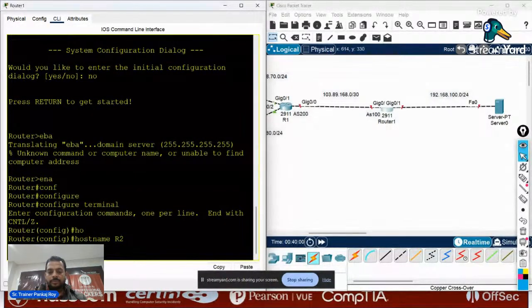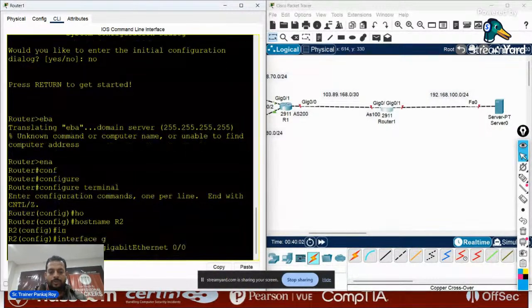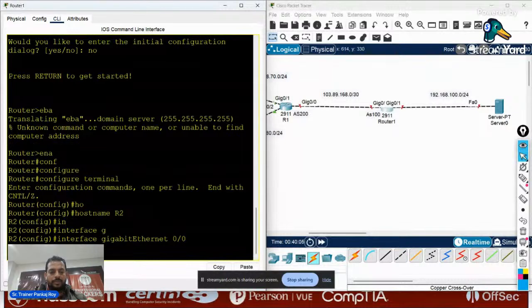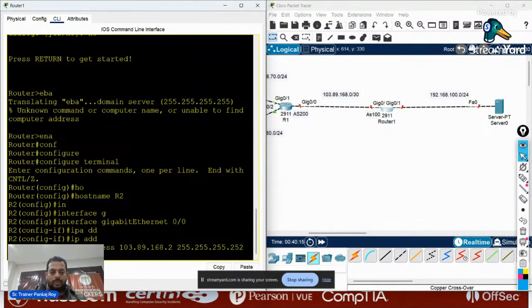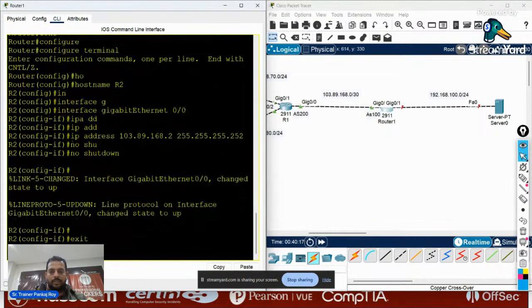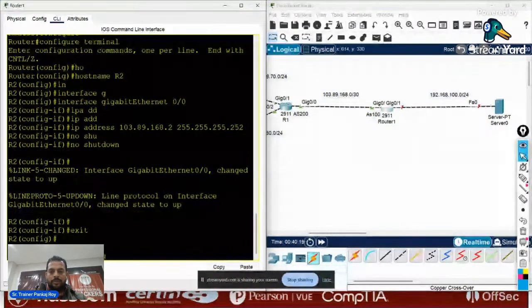Okay, so hostname R2, interface gigabit 0/0, IP address 103.89.68.225. No shutdown, exit. So interface gigabit 0/1.